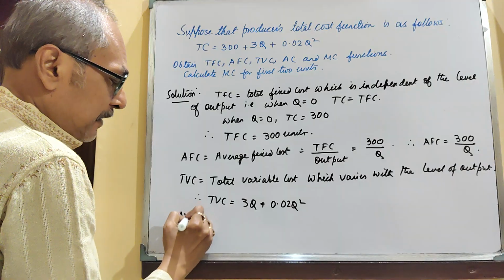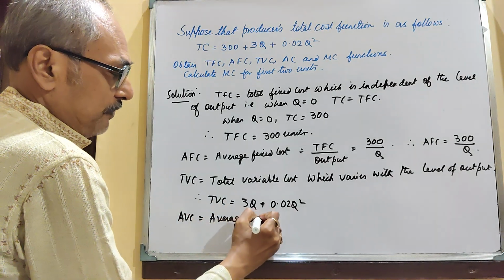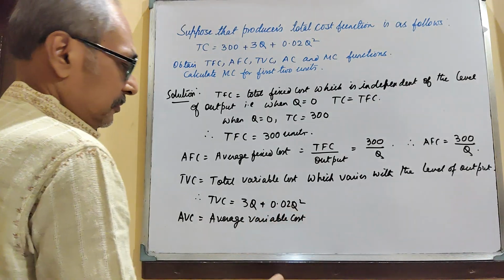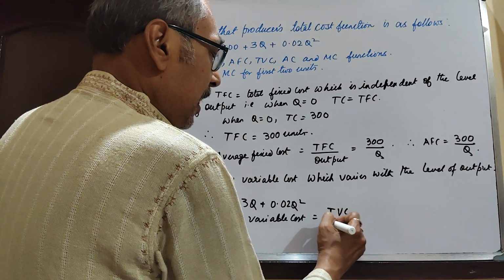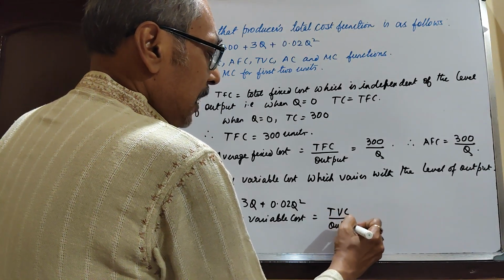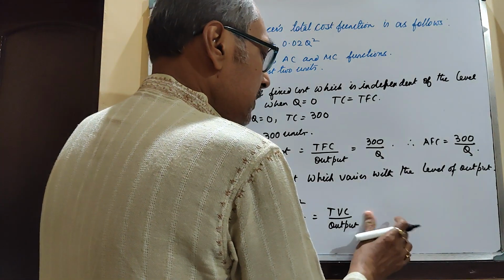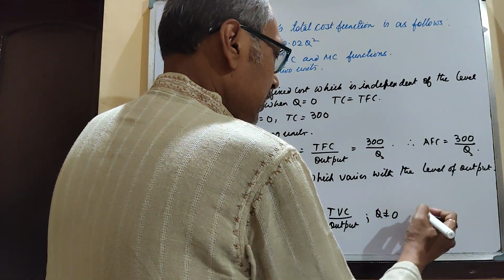Now AVC, average variable cost, which is TVC divided by output. Output is Q, where Q is not equal to 0.